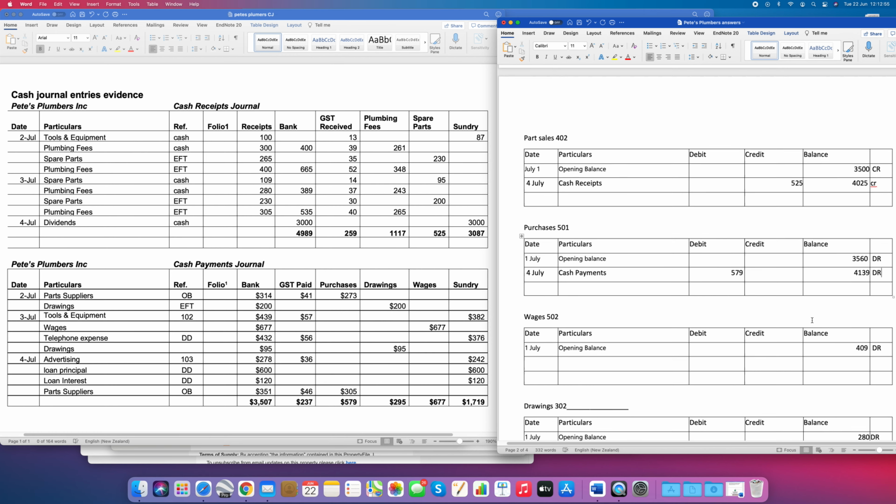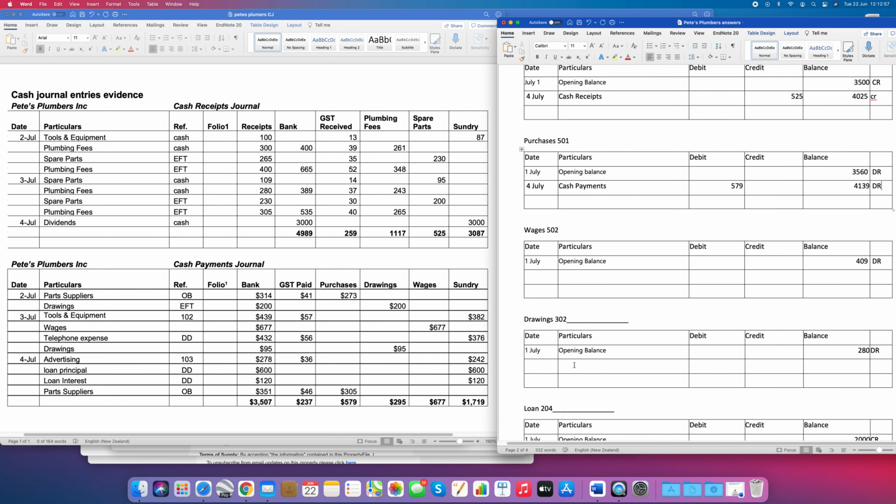Drawings. Let's have a look if we can find our drawings account. We've already put in our opening balance. So over the time, they've got a couple of drawings here that they've taken out, a total of $677. 4th of July, cash payments. Because it's from the cash payments journal, we are going to be debiting it.